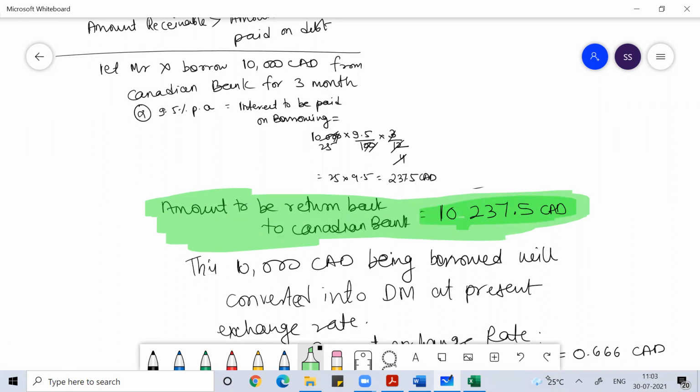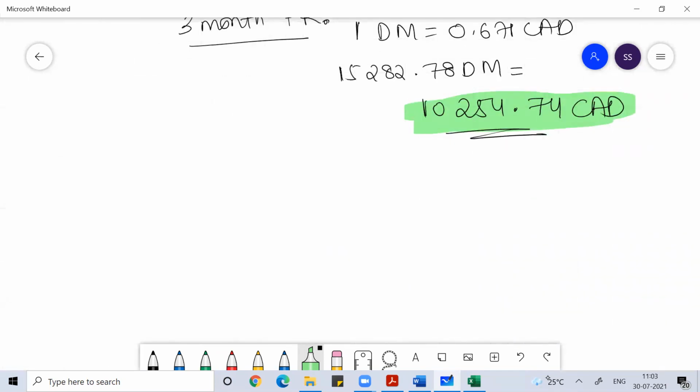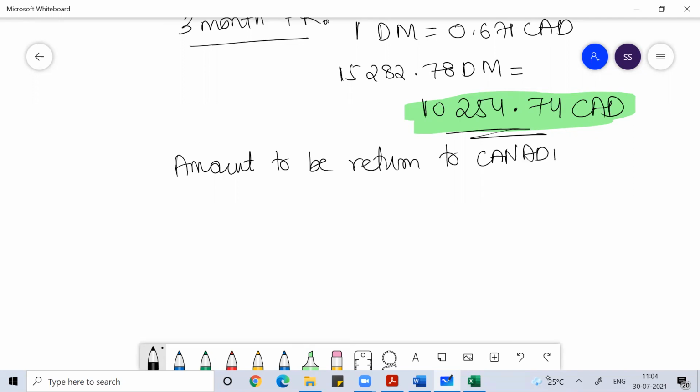This much you need to return after 3 months.